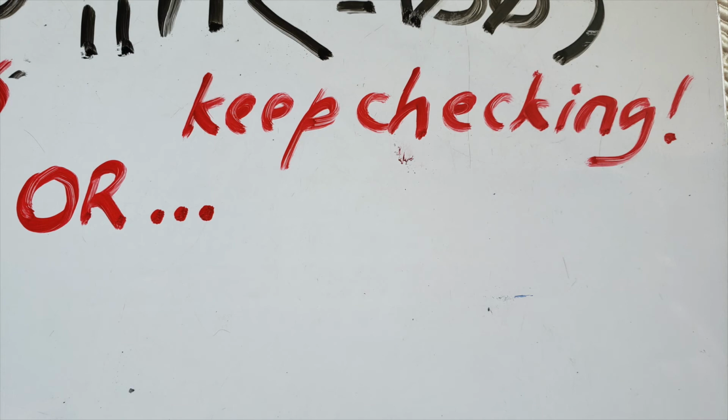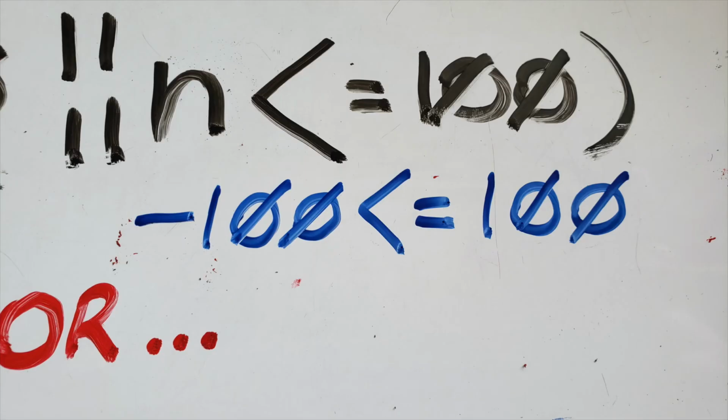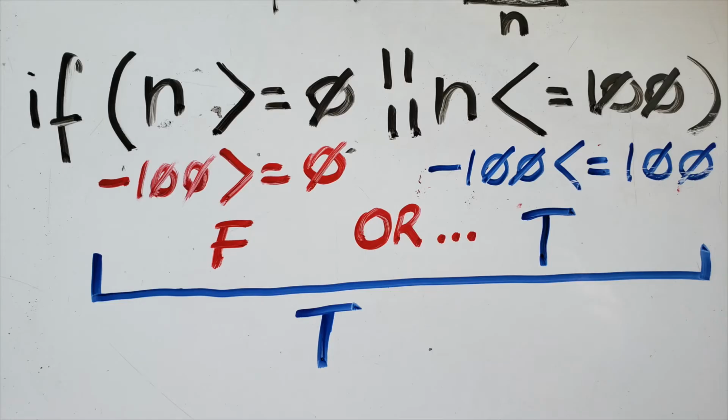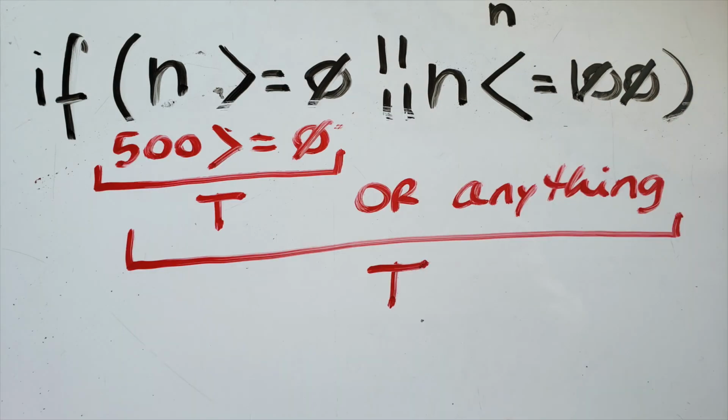Negative 100 less than or equal to 100 will be true, right? So if we have the first condition false and the second one true, the combined condition will be true when we're connecting false OR true. The whole condition is true. Remember the truth table? That's what the truth table means. 500 greater than or equal to 0 is true. True OR anything is true.